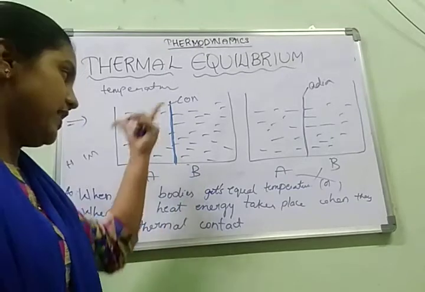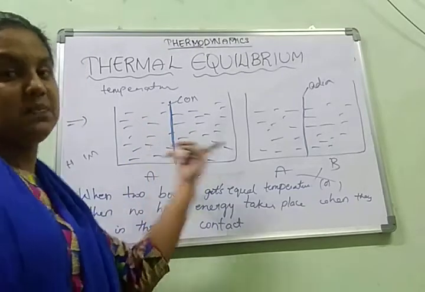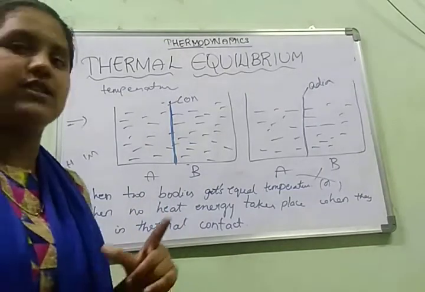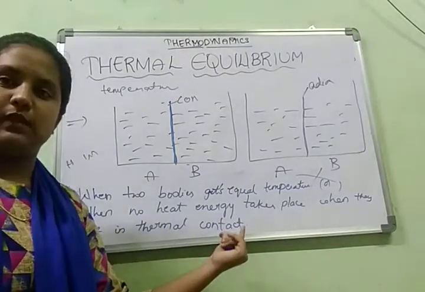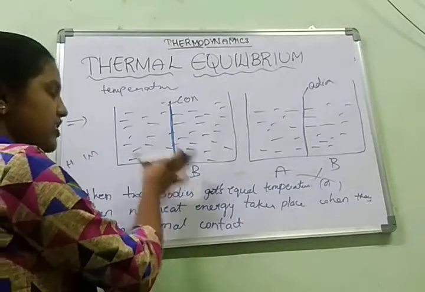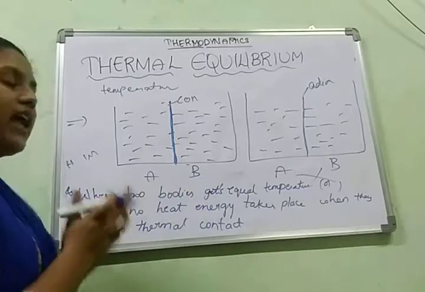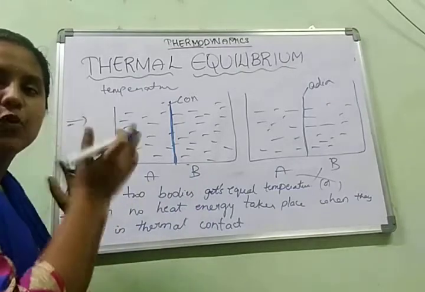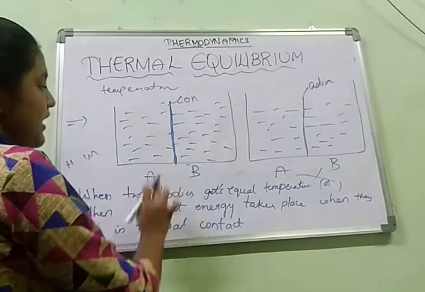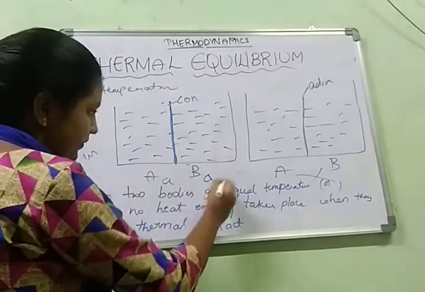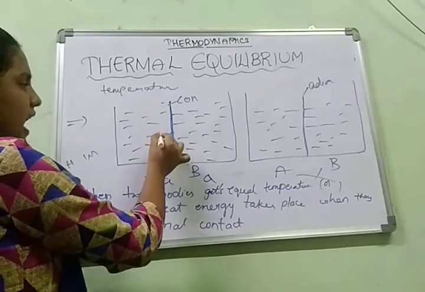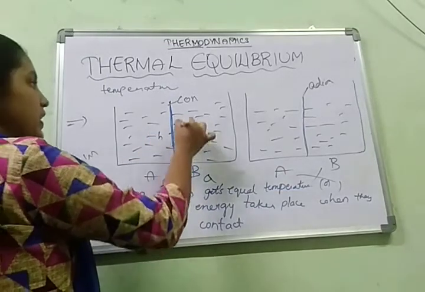Here heat energy transfer takes place, but the definition I gave says no net heat energy transfer takes place. I'll explain. Heat energy flows until they occupy the same temperature or heat energy. Suppose for A and B, A has high heat energy and B has low.